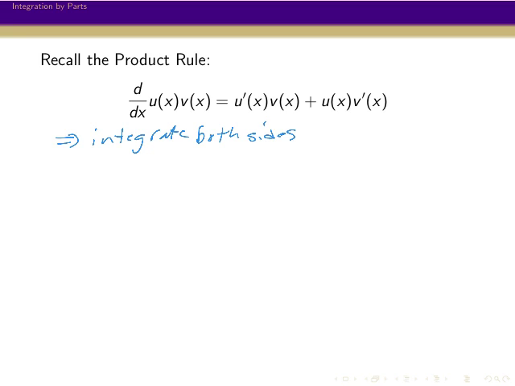On the left-hand side, since we're integrating a derivative, they basically undo each other, and so we'd have u of x v of x back. And then on the other side, we can rewrite this as two separate integrals, plus the other one.